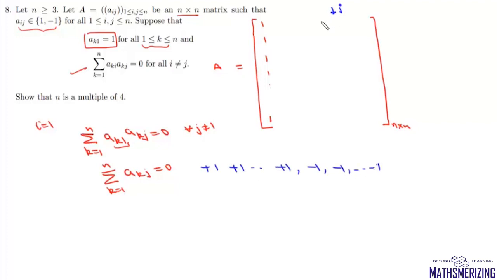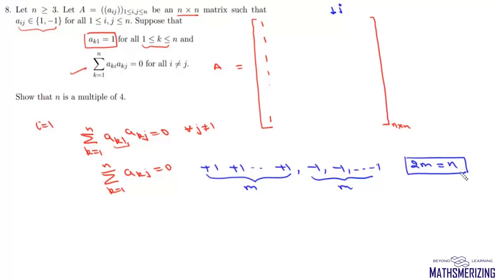And we know that there are altogether n elements. So say we have m ones and m minus 1s. So we have total 2m elements in this jth column, and the total number of elements in any column is simply n. So we can say that this n is at least an even number.